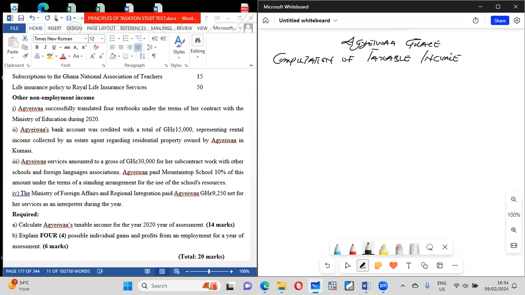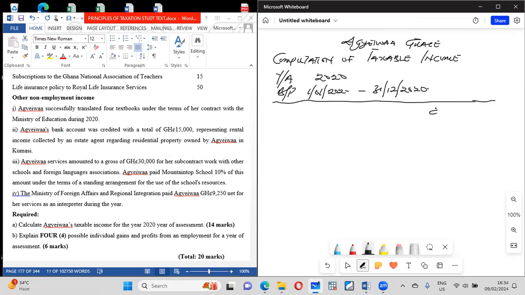For year of assessment 2020, the basis period is 01/01/2020 to 31st December 2020. You nicely underline this to bring out your currencies. There's no need to put 00 there. I think the figures are short.